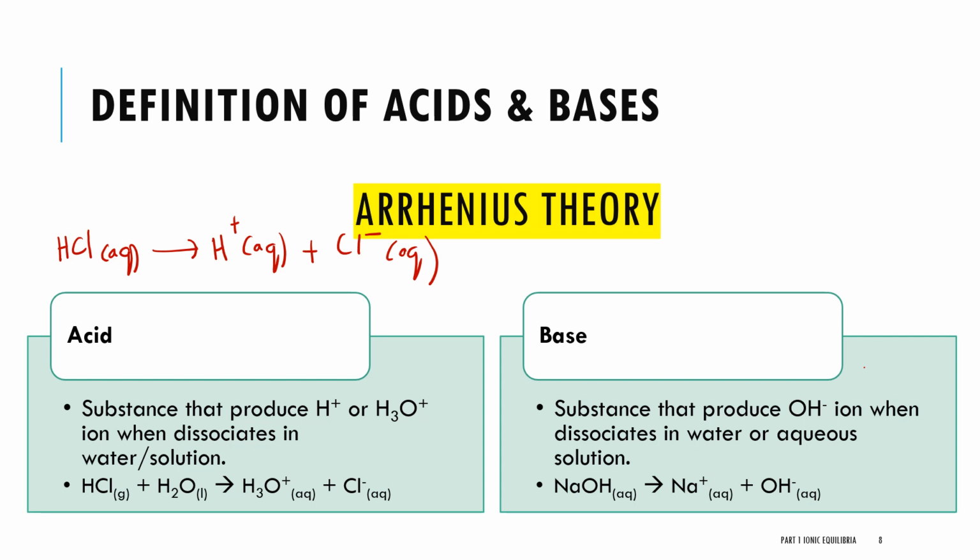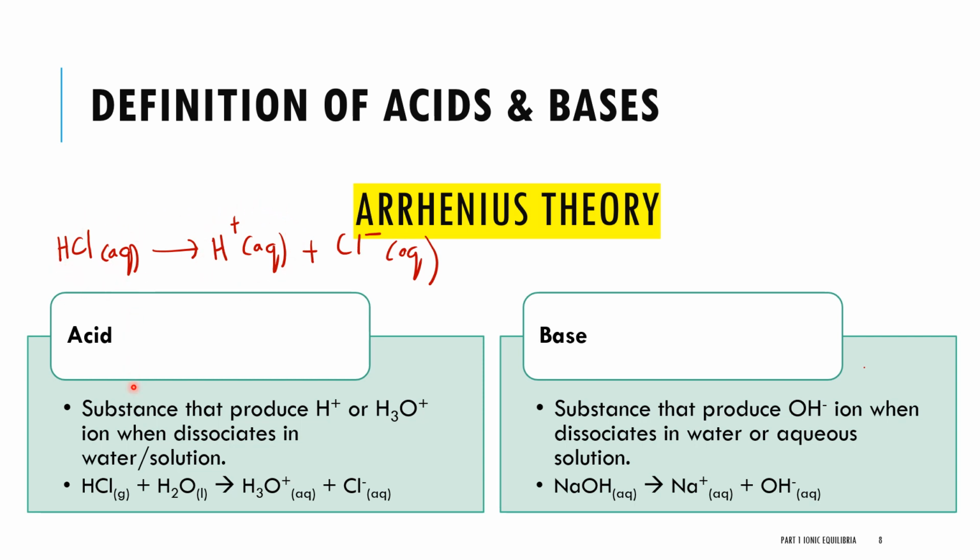So, what is HCl? HCl is an acid. Why? Because when it dissociates in water or solution, you will get H plus and Cl minus. So, the formation of H plus from the dissociation of HCl shows that HCl is an acid.